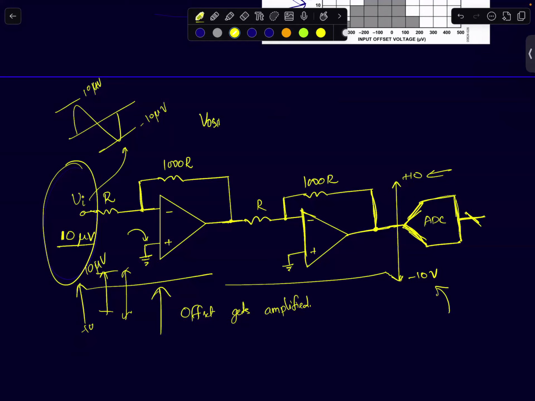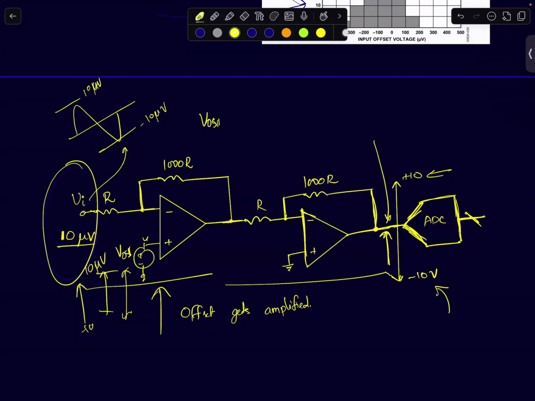By the time this signal comes to the ADC's input, what will be the voltage here due to the offset? Can you analyze this? We analyzed circuits like this in the last class. You can model your offset as an input voltage source like this. Can you tell me what will be the voltage at this point due to VOS1?